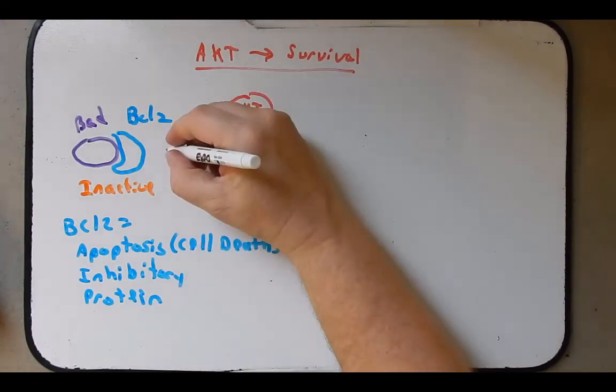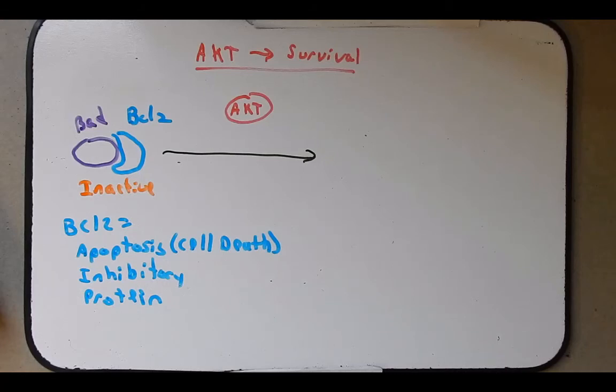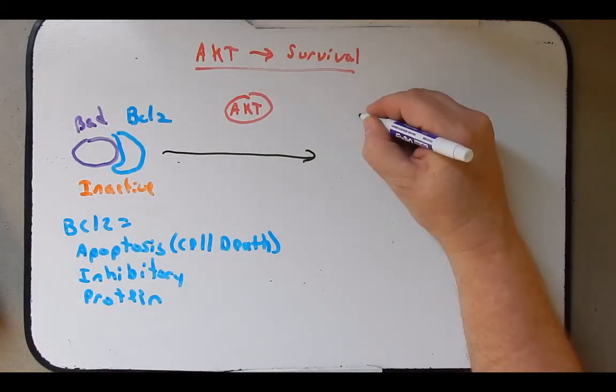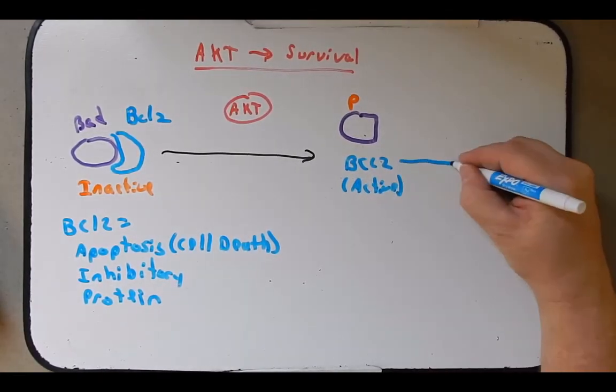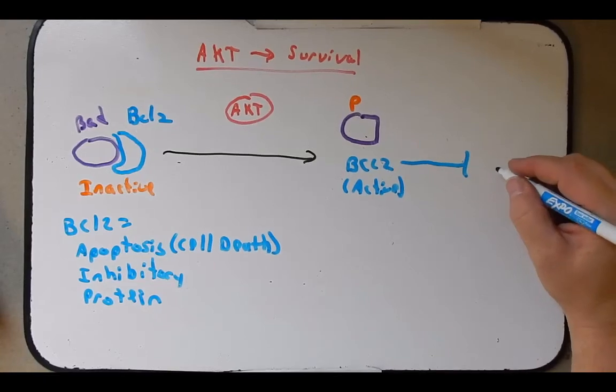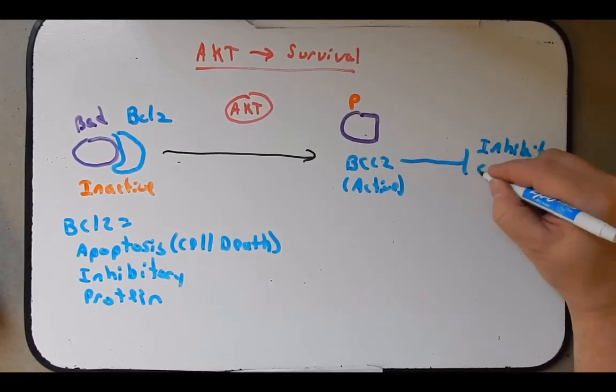So what AKT can do is it will phosphorylate the BAD protein. And when it does that, it changes its conformation in such a way that it can no longer bind to BCL2. And so that releases BCL2, which is now active, to go down and activate other proteins to inhibit cell death.